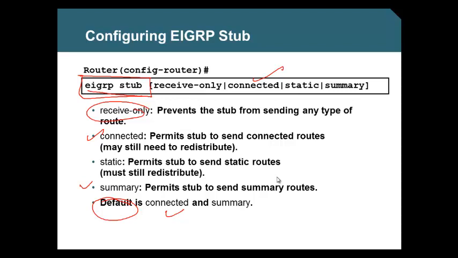OSPF supports 4 different types of stub network. So let us not correlate this with that. This is different, that is different. So remember this one very well so that you will know the difference between this and that when we go to that.